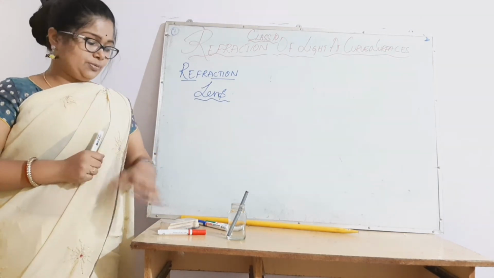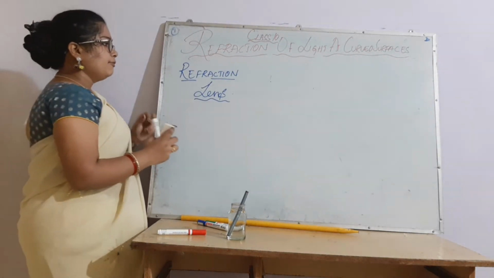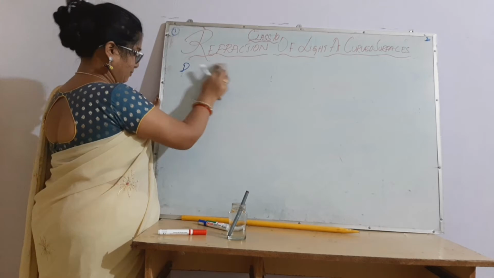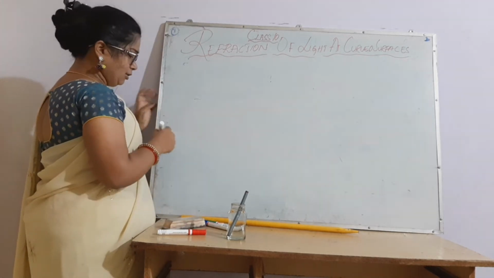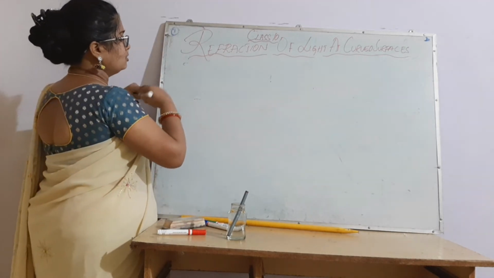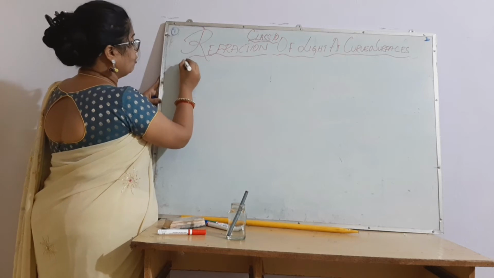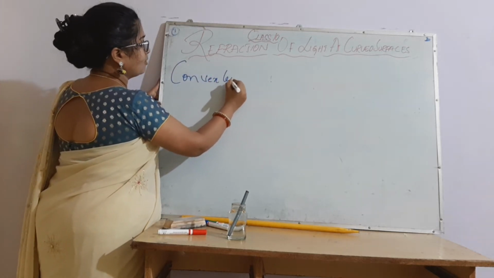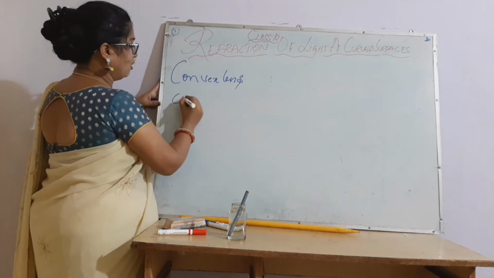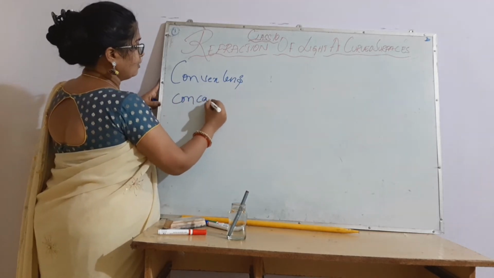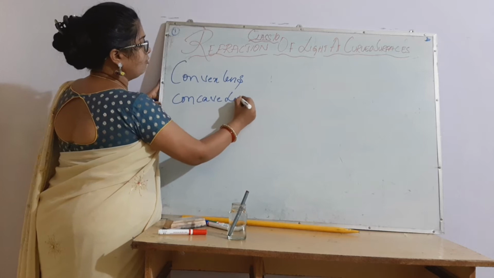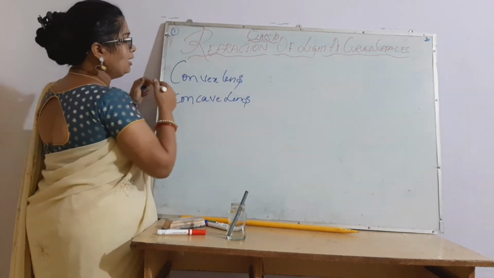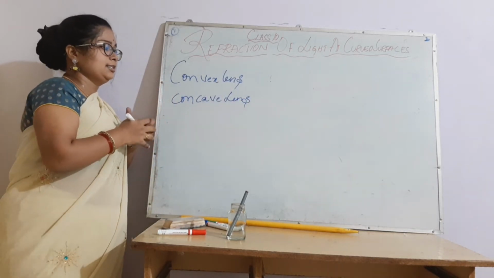These are also from spherical mirrors only. We will think that they are cut from spherical mirrors only. Two important things are there: the convex lens and the concave lens.